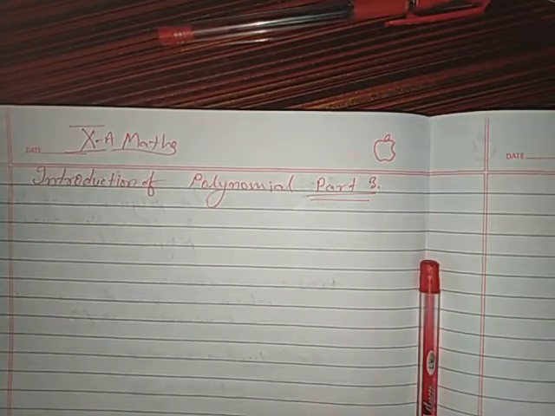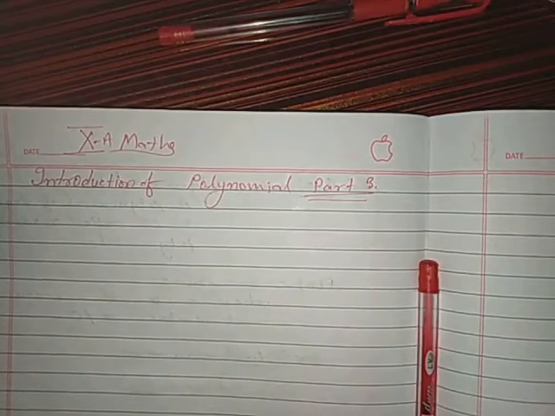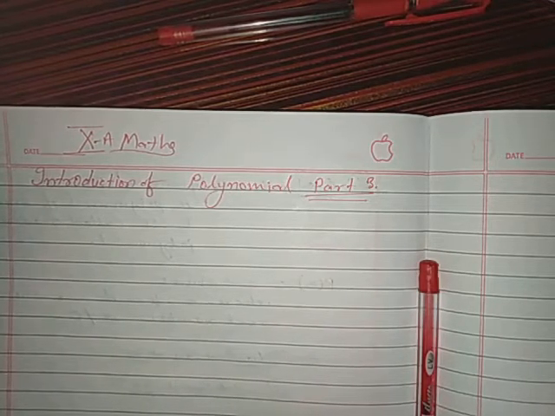Now we are going to learn about introduction of polynomials, part three. Here we will learn some important points of polynomials.